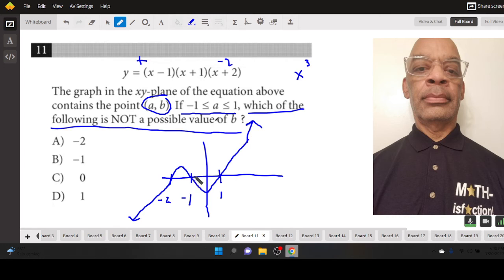Between negative 1 and 1, B has to be negative. Or for sure, it's not an intercept.